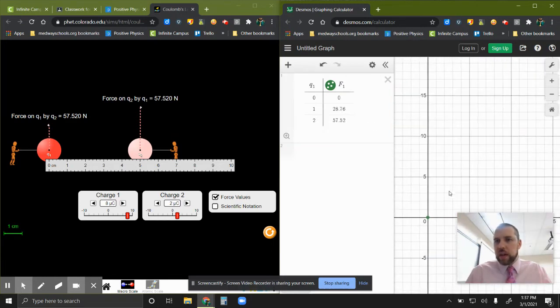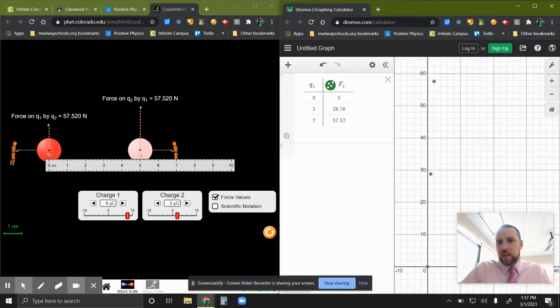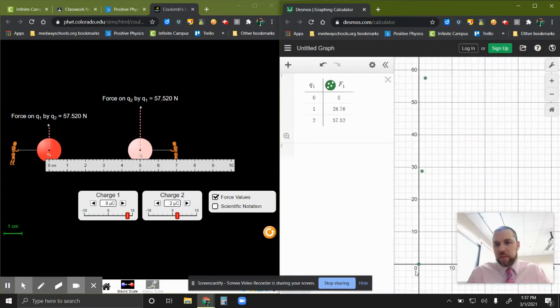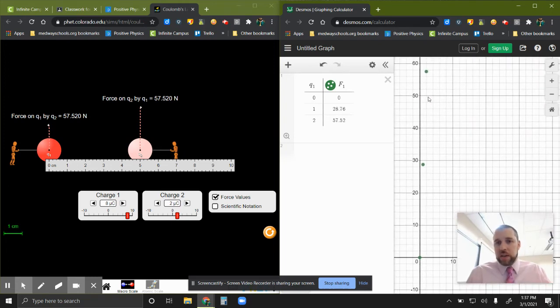Let me zoom out a little bit here. There we go. So there's my 3 dots plotted. I'm starting to get a trend line here, and I'm going to fill in the rest.